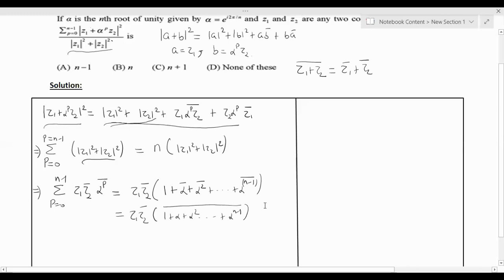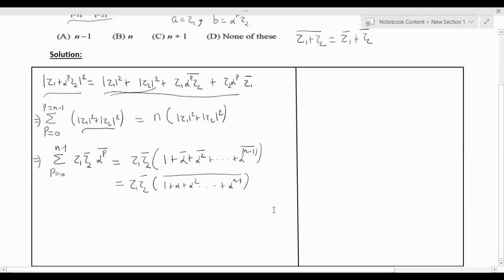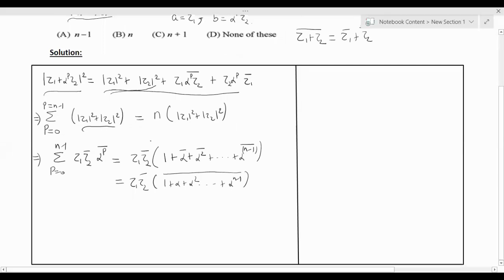If you have studied the concept of nth root of unity, then this is a very, very important relation. You must remember that the sum of the nth roots of unity is always equal to 0. So this term will be equal to 0. Similarly, the third term you will get 0.